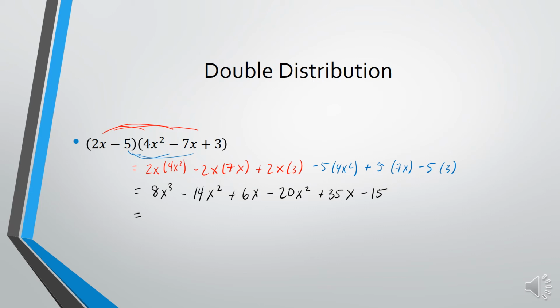Before we go any further, I'm going to combine some terms because I have this x squared term and this x squared term, but then I also have two x terms. So I'll have 8x cubed. For my x squared terms, looks like minus 34x squared. For my x terms, I'm going to have 31 of those, and I still have my minus 15.